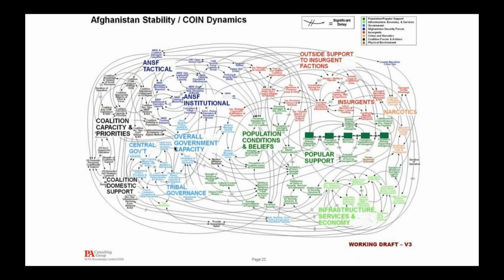I have tried multiple times to work this out and figure out what means what and what connects to what and where things go, and you can't. It's absolutely worthless. And supposedly, General David Petraeus was furious when he saw this slide because you can't derive any useful information from it whatsoever.